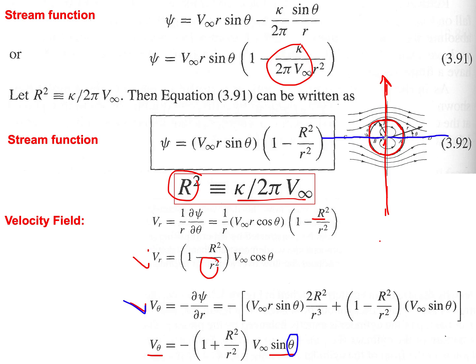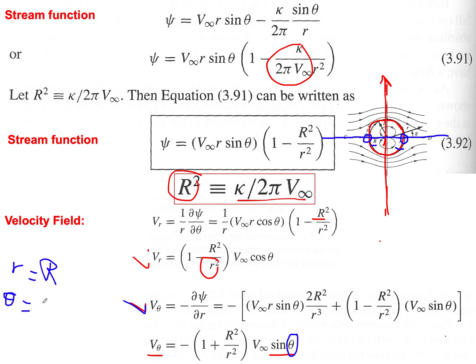And when is VR 0 at the same time as v theta? It's at the intersection points here and here. So these are our stagnation points, A and B. And A and B are located at small r equal to capital R. So our stagnation point is at r equal to capital R and theta equals 0.